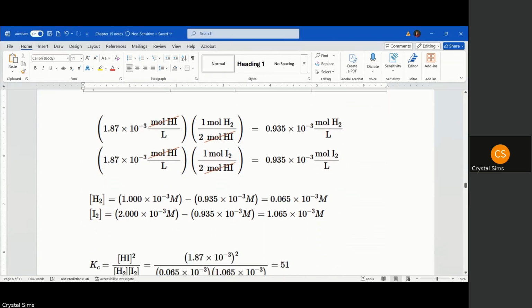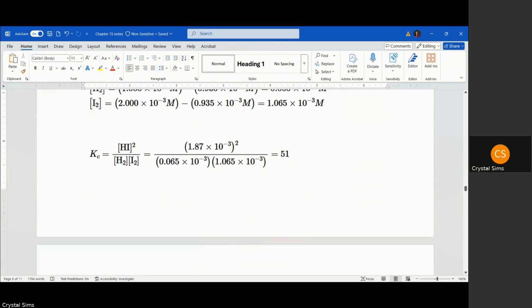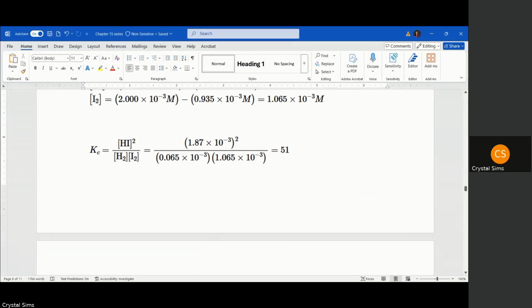On the top, I'm going to have HI with the exponent of 2, and I plug in my equilibrium concentration of it, raised to that power of 2. And then my reactants are going to be on the bottom. I plug in both of the equilibrium concentrations there, and when I do the math, I end up with 51.